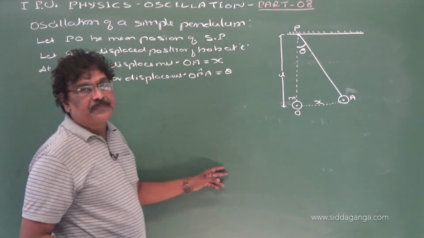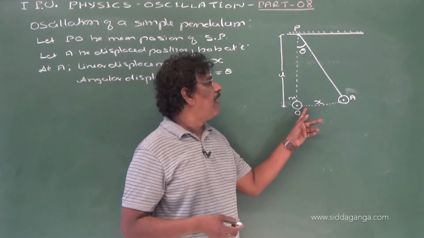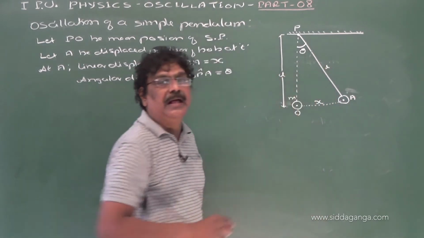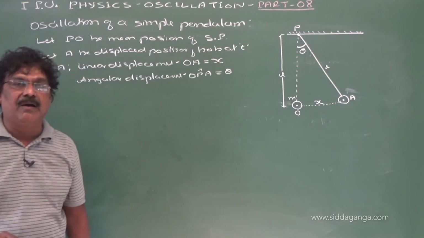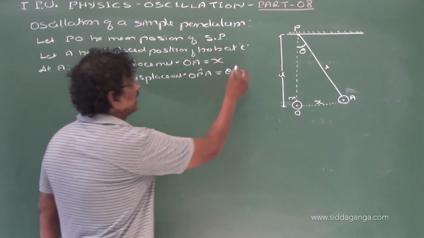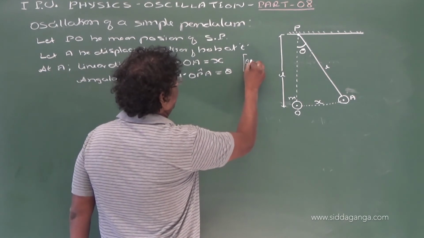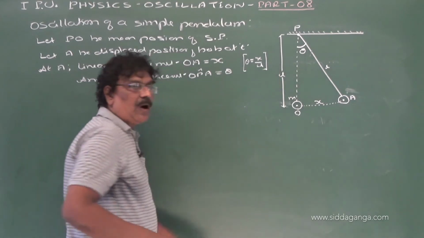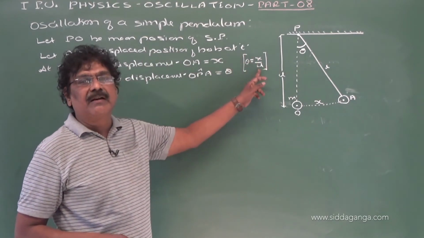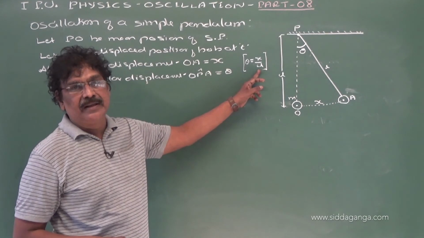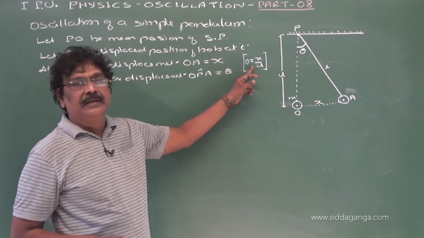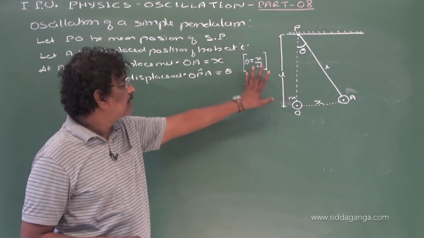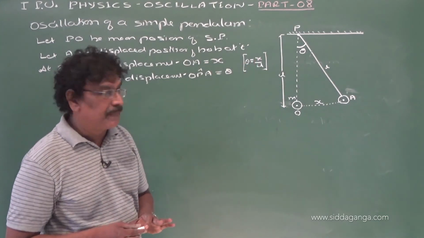Now also we have arc length is equal to L into theta, or theta is equal to x by L. From figure, x is equal to theta into L. Arc length of a circle is equal to the angle subtended at the center of the circle into radius. From that concept, theta is equal to x by L.